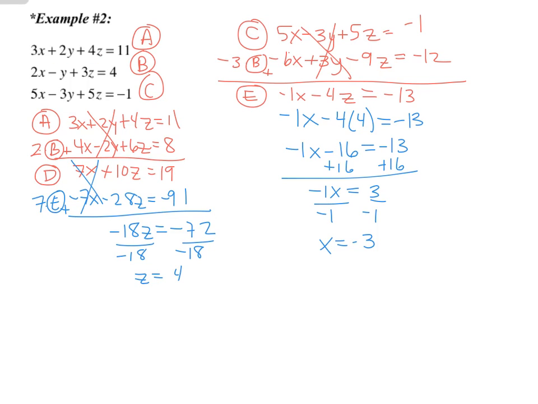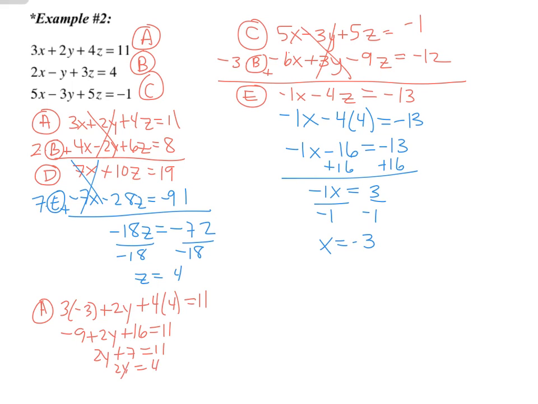So I'm just going to use equation A. So in equation A, 3 times the x value of negative 3 plus 2 times the y value I'm solving for plus 4 times the z value equals 11. So negative 9 plus 2y plus 16 equals 11. So 2y plus 7 equals 11. So 2y equals 4. And y equals 2.